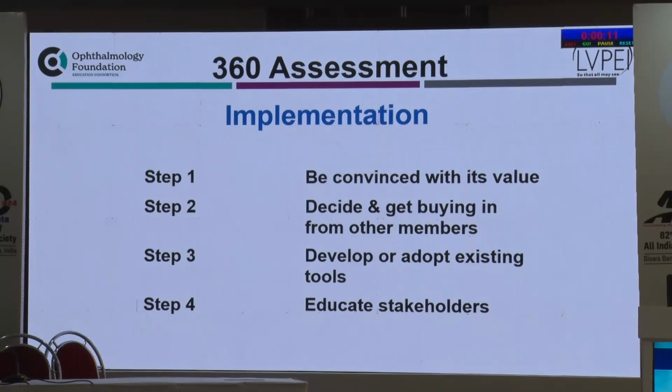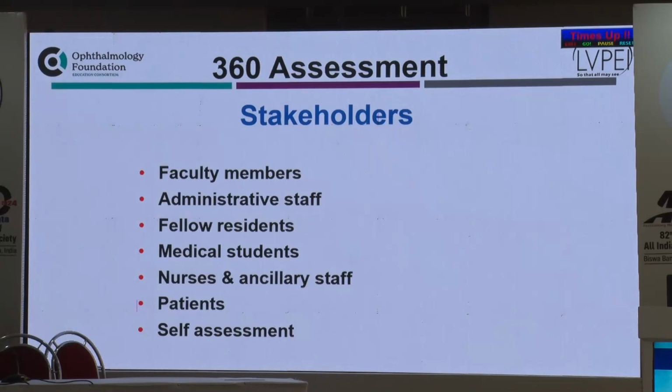These are the attributes, these are the behaviors which are expected, and these are the behaviors which are unexpected. Now you use this on a grid to identify whether the resident demonstrates those attributes or not. Stakeholders, you will have to take faculty members, administrative staff, fellow residents, medical students.